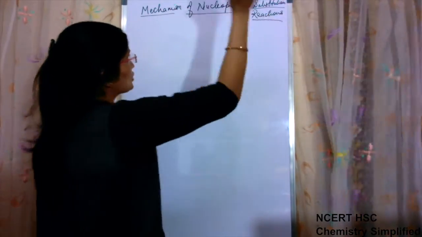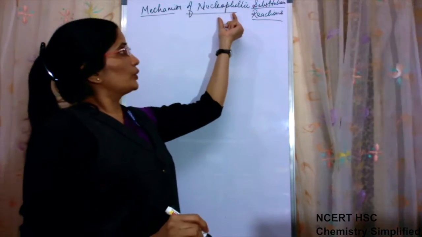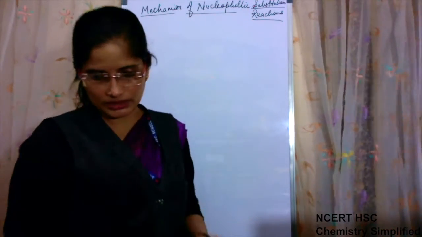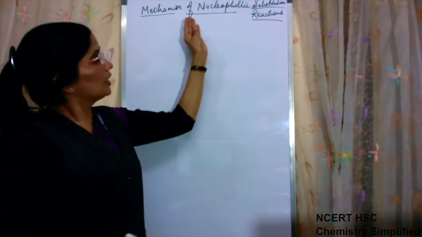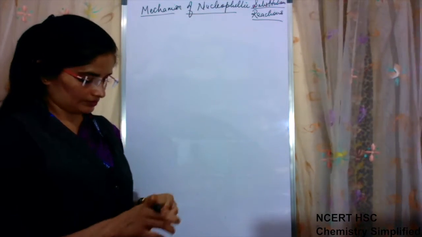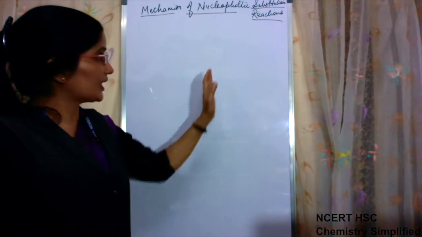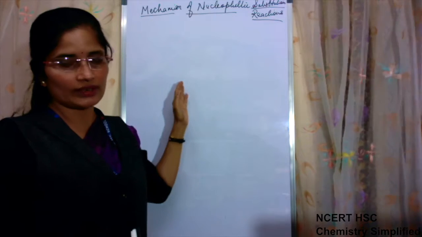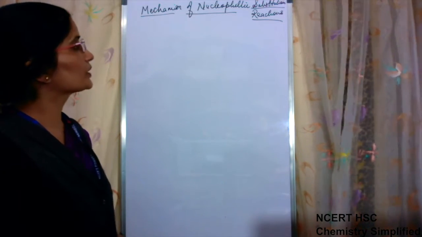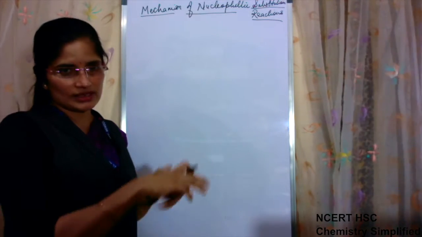Now, as I told you, nucleophilic means that the attacking reagent is a nucleophile, either bearing a negative charge or having a lone pair of electrons. Substitution means it is substituting.